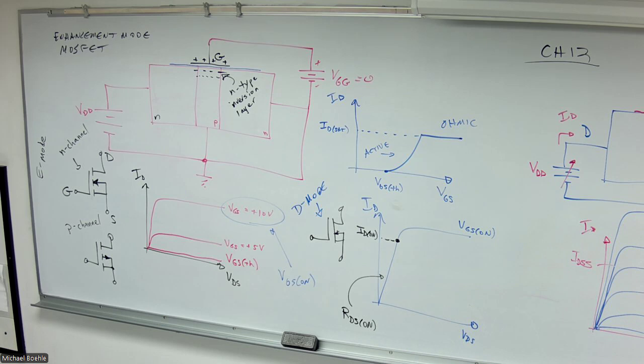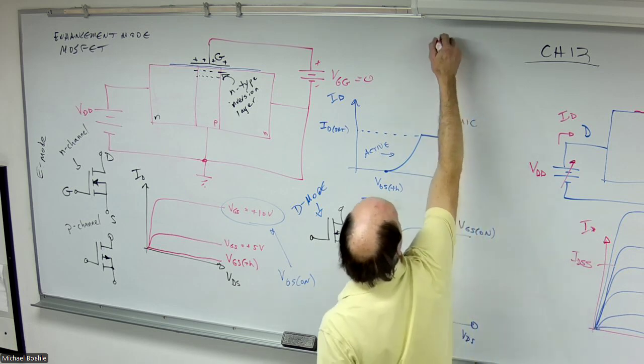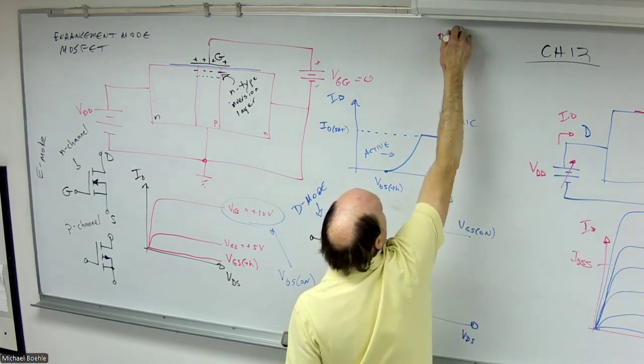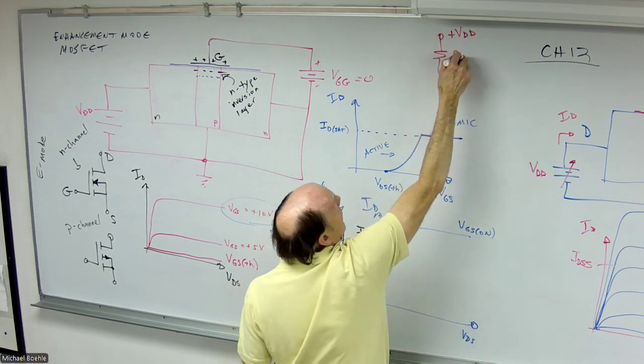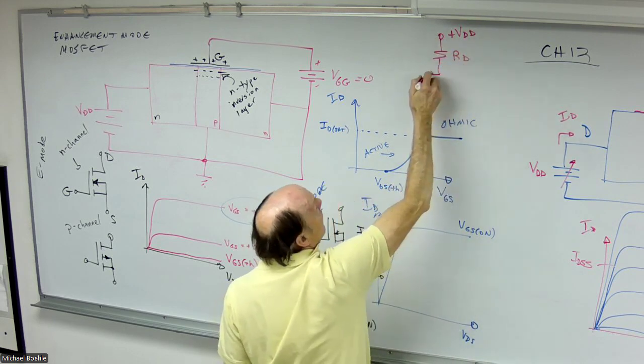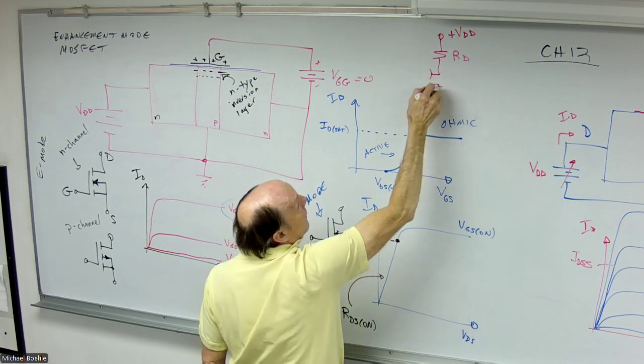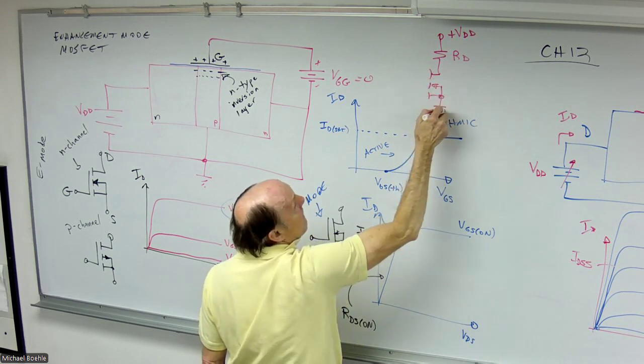So all I have to do when I build my circuit here, I have some supply voltage, I have a drain resistor, and then I have my MOSFET.